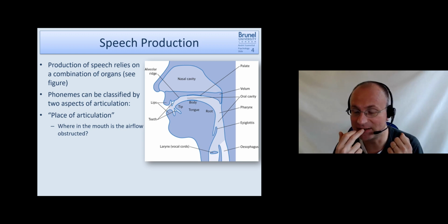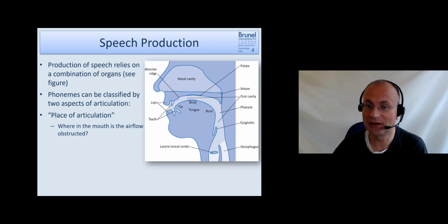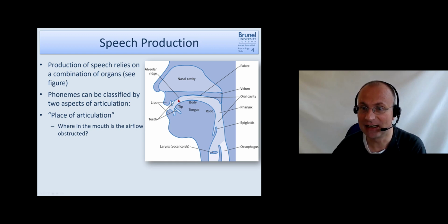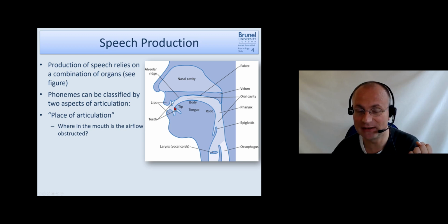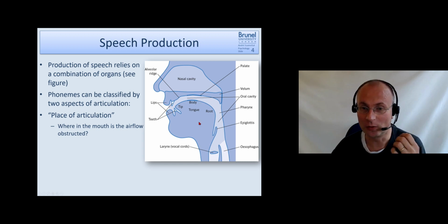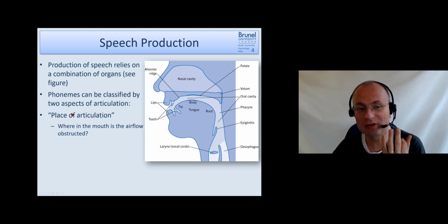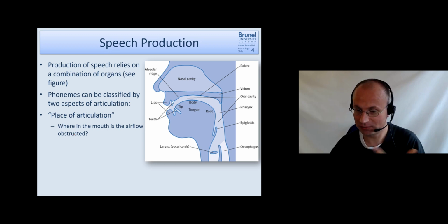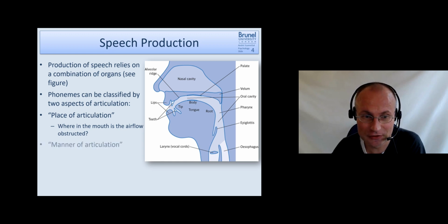So the place is the lips, and if we have the letter T, we put the tip of the tongue roughly here, we build up the pressure and then we release it, T. And if we do the K sound, then we put the tongue up somewhere here, build up pressure and then release it. So you can see these different places of articulation, P, T, K. Just try it yourself to see the difference.